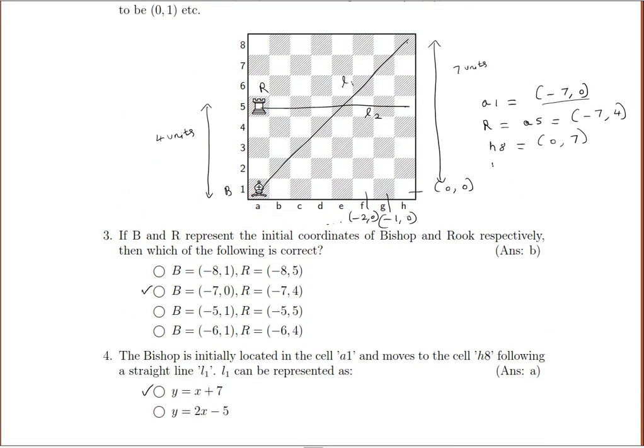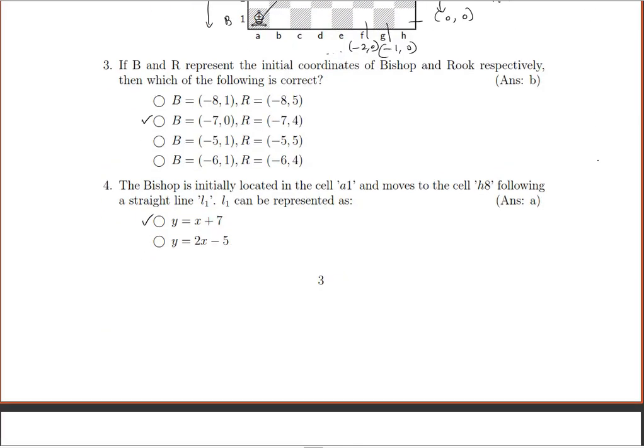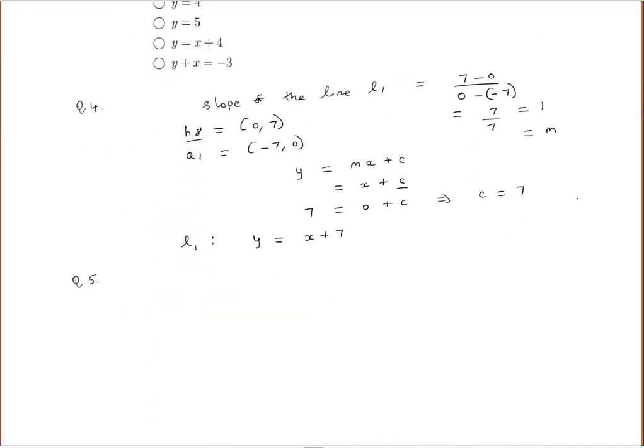And here we see that H5 has the coordinates, this is 4 units in the y direction, 0, 4. Right? So A5 is minus 7, 4, and H5 is 0, 4.